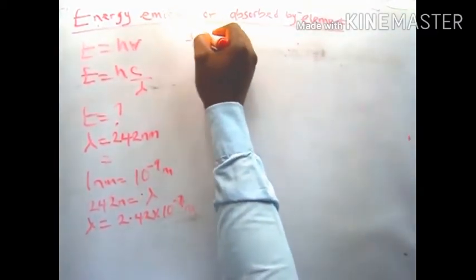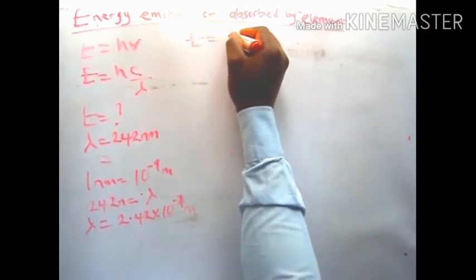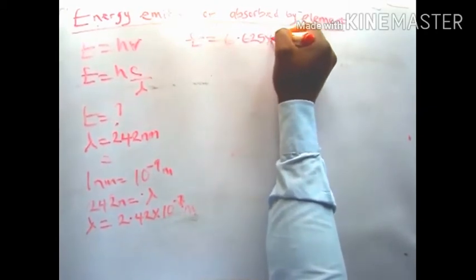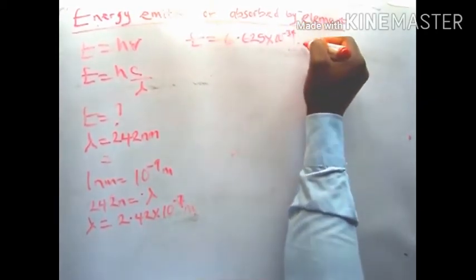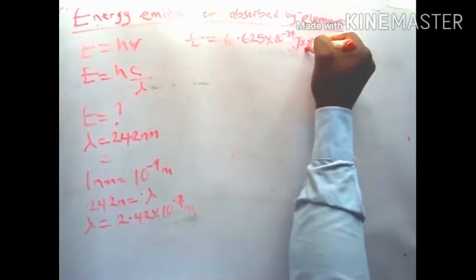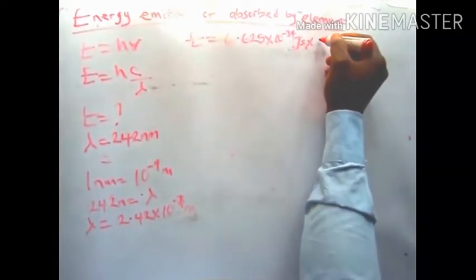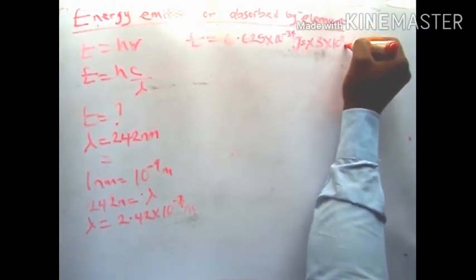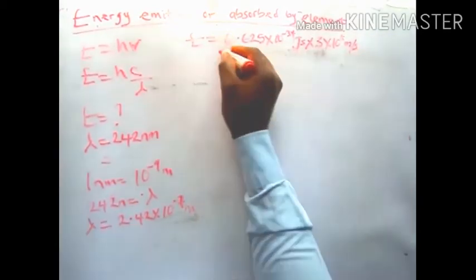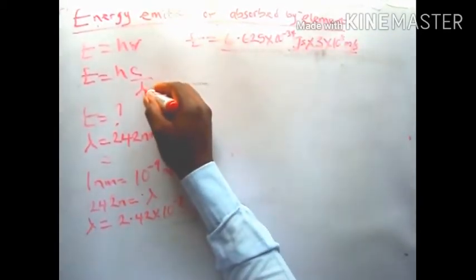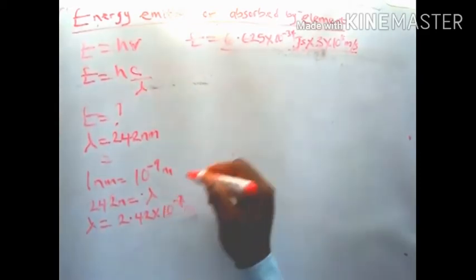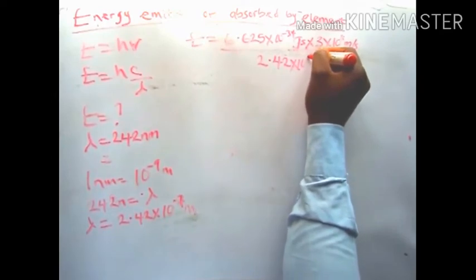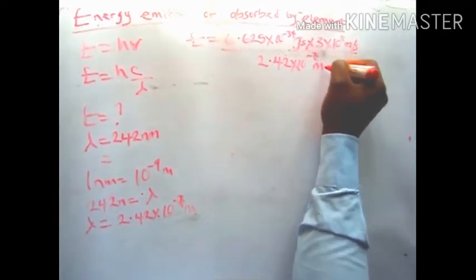So now we'll use this formula here. We know our h, which is 6.625 times 10 raised to the power minus 34 joule seconds, times the C, which is 3 times 10 raised to the power 8 meters per second, divided by our wavelength, which is 2.42 times 10 raised to the power minus 7 meters.